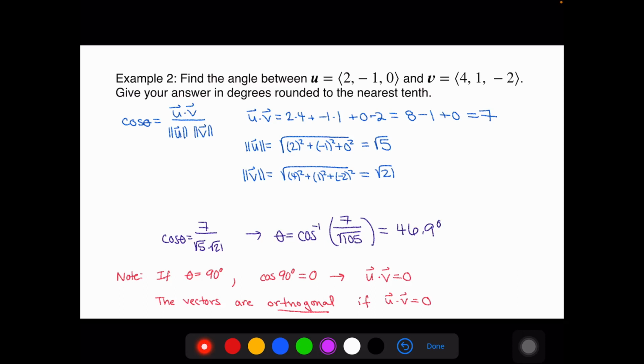So anytime the angle between your vectors is 90 degrees, we say that our vectors are orthogonal. It's kind of a fancy way of describing vectors that are perpendicular. So the vectors are orthogonal if their dot product is equal to 0. Because cosine of 90 degrees is 0, dot product is related to cosine of the angle between the vectors. So vectors are orthogonal if they have a dot product of 0.